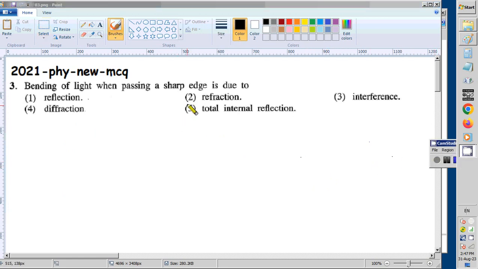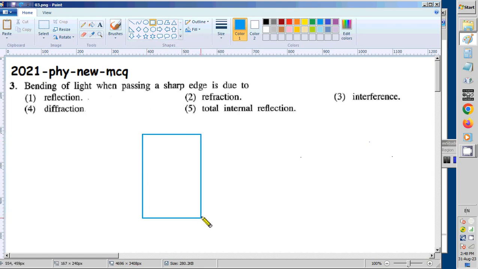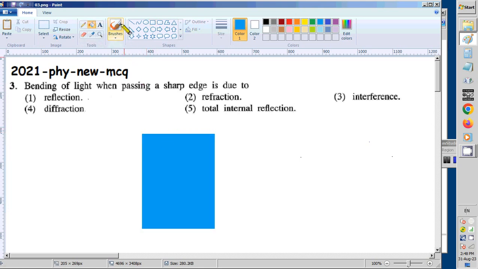So now let us discuss in brief what refraction is. Here we need a transparent medium such as water or glass, not like silver.